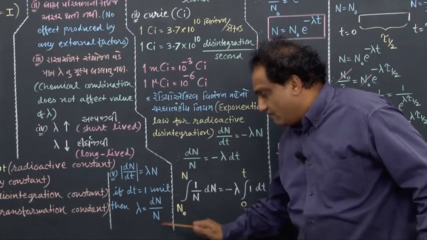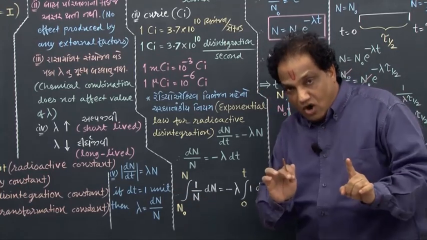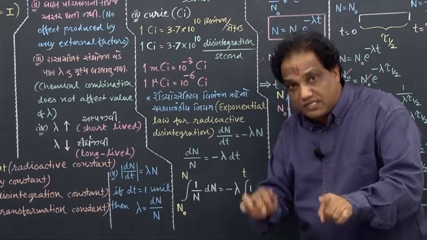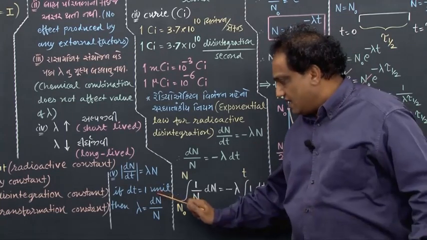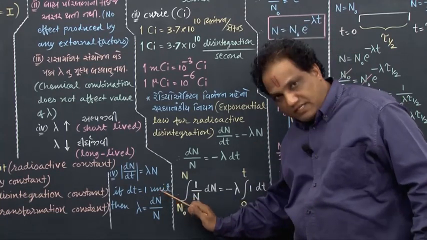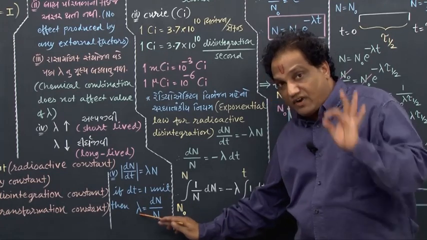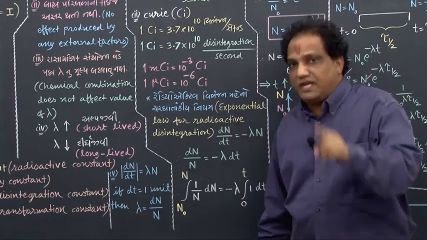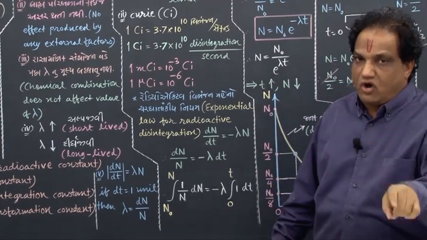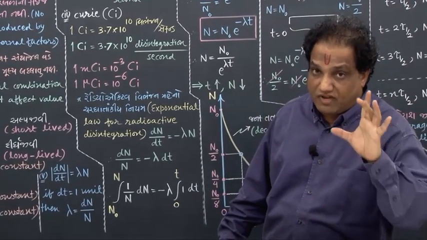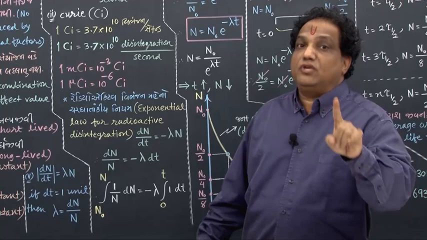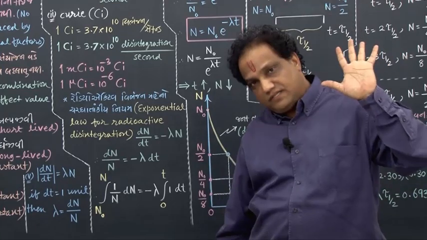So such a ratio gives you the probability of disintegration of a nucleus, but don't forget, in unit time. So the physical interpretation of the radioactive constant lambda is that it gives us the probability of disintegration of a nucleus of a given radioactive element in unit time. Right? Fine.